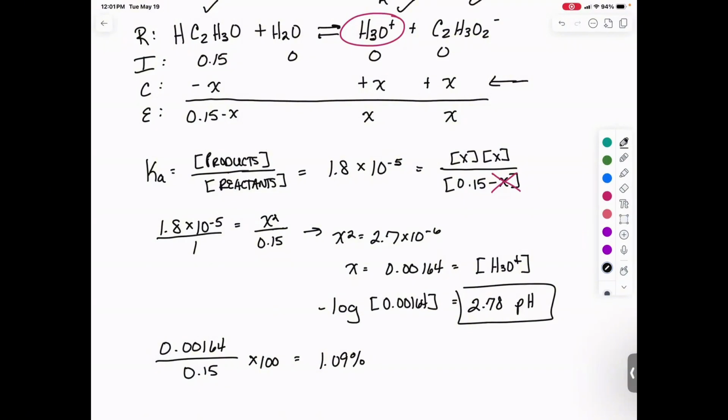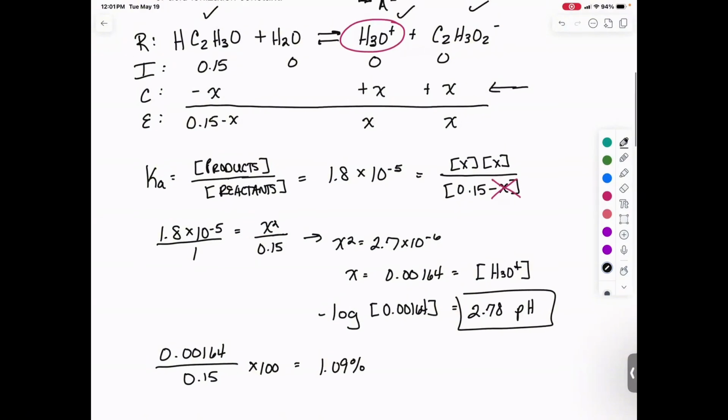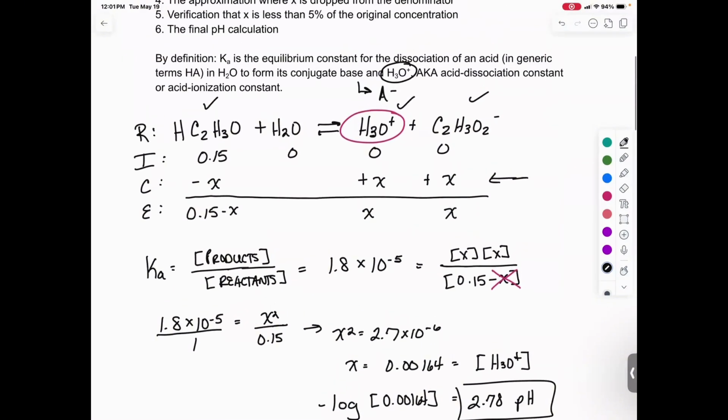So in the end, we get the concentration to be 0.00164 of our hydronium and our acetate, but hydronium lends to pH, and we get a final answer of 2.78 on the pH.